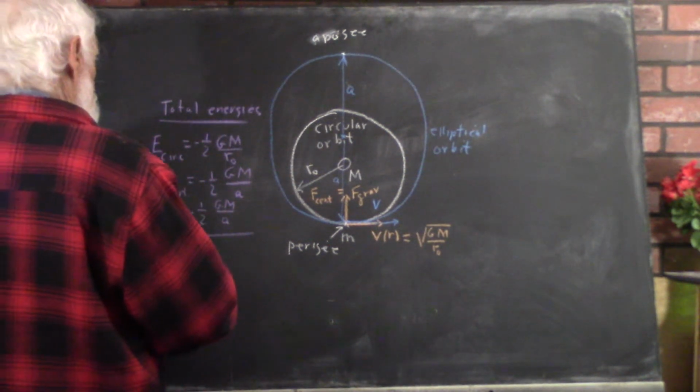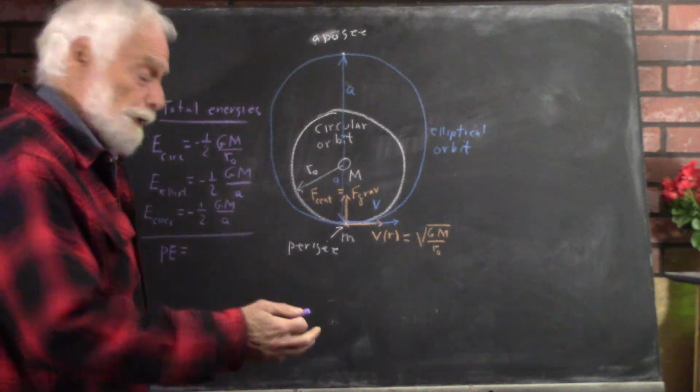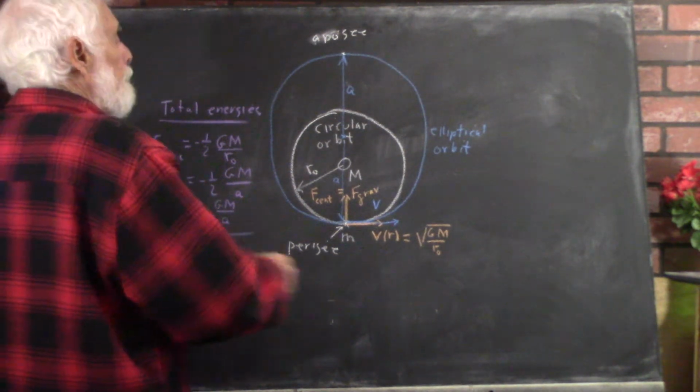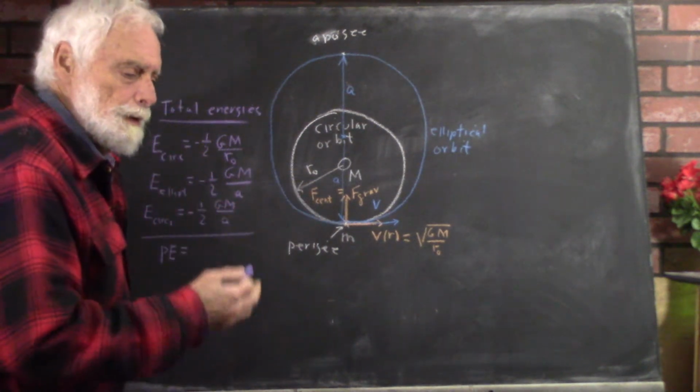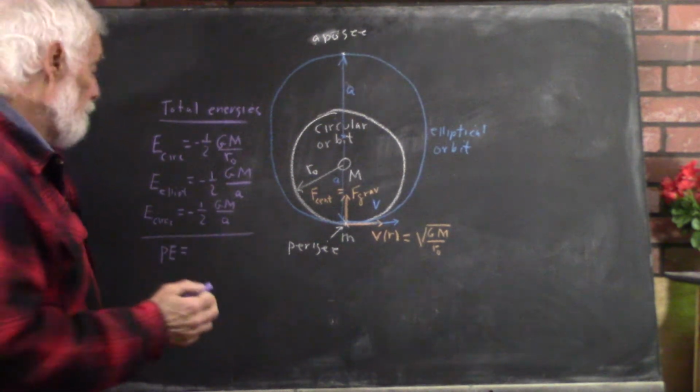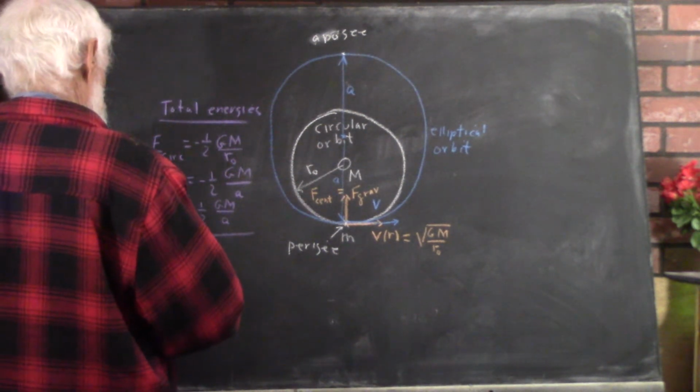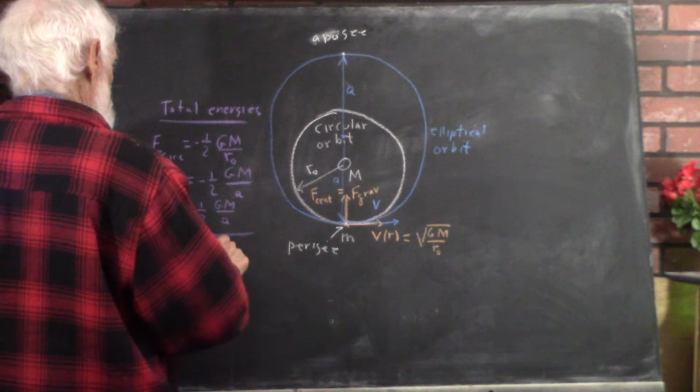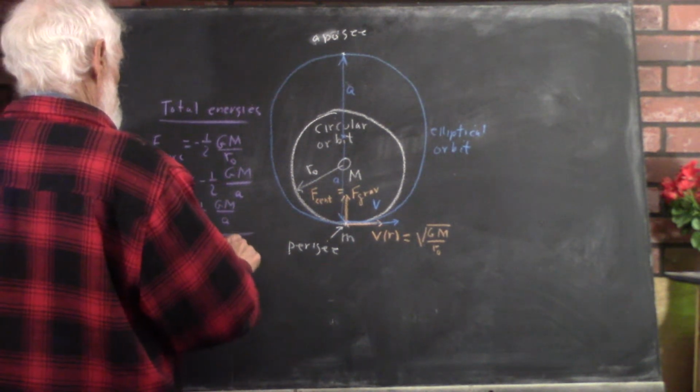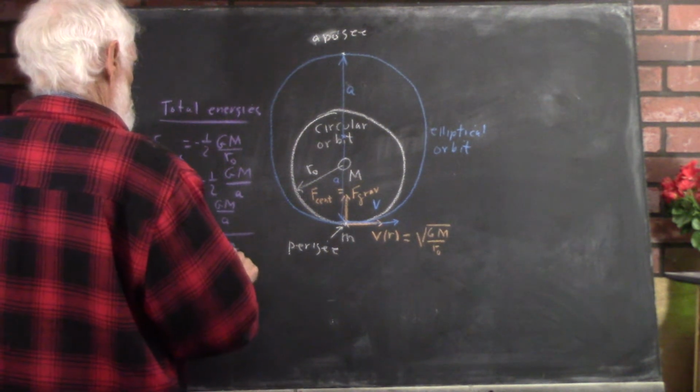Potential energy, as we saw by integration previously, at any point where your distance from the planet is R, is going to be negative big G, big M, little m over R.